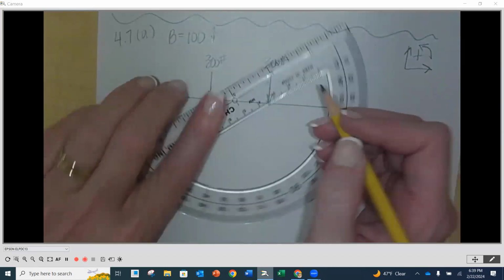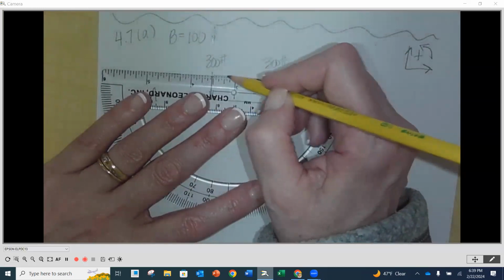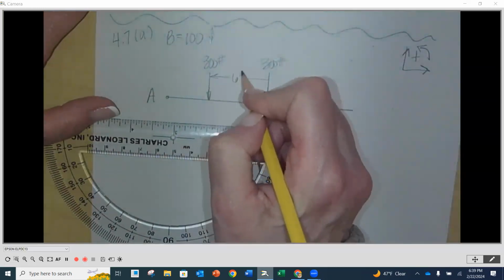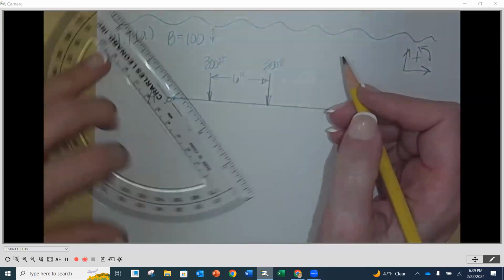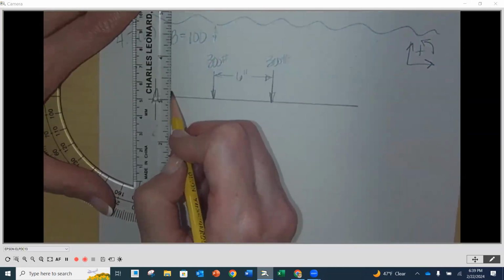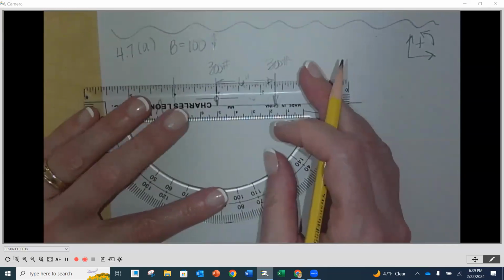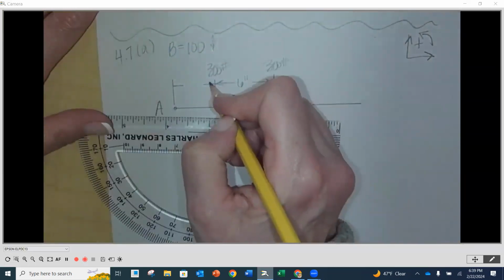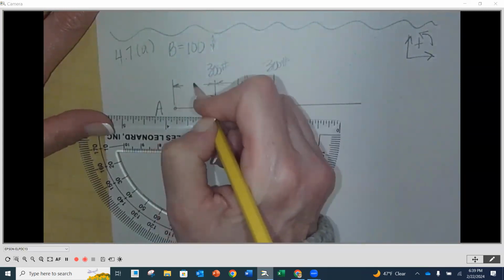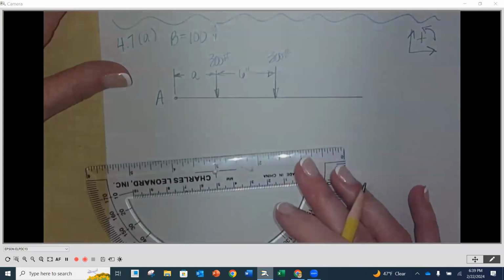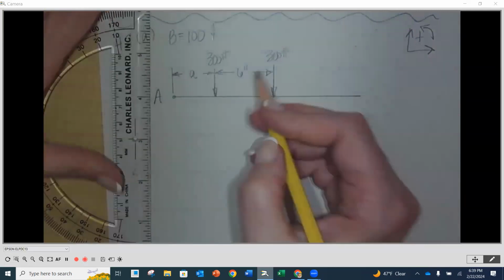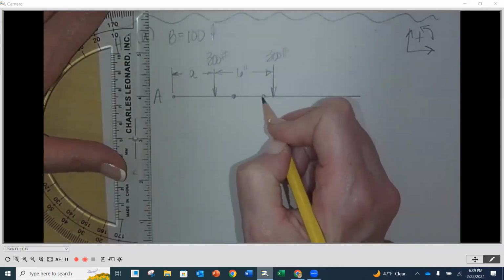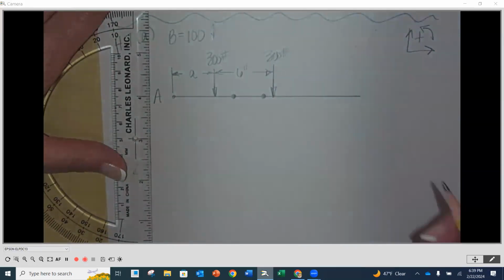I'm going to draw this in between because I've got another element between. This is going to be 6 inches between those. And then it's going to be this distance lowercase a from the end. Okay. And then we've got point D right about here. And then we've got C right about there.